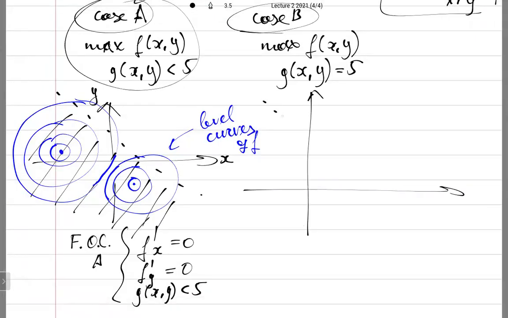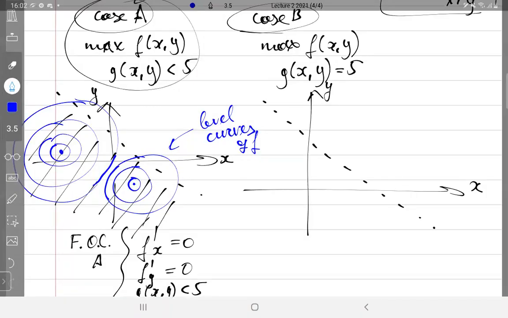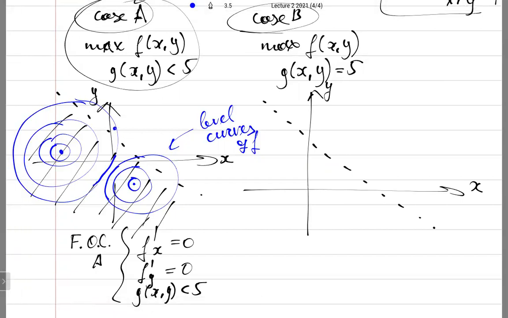With case B, I should be on that line. My constraint is transformed into an equation. I have x there and y there. And I will draw level curves once again, with small ticks, like on maps for orienteering.